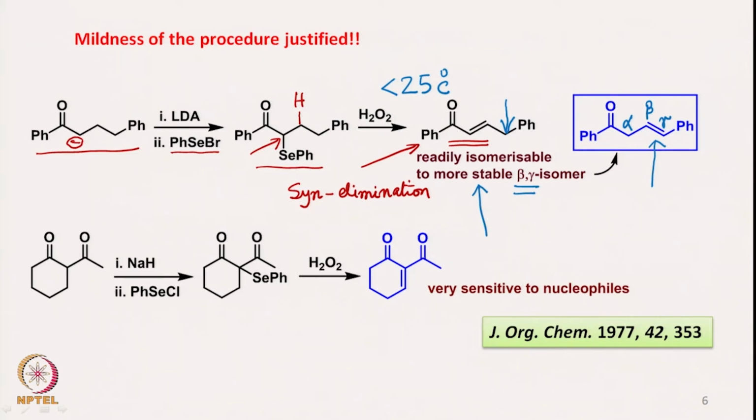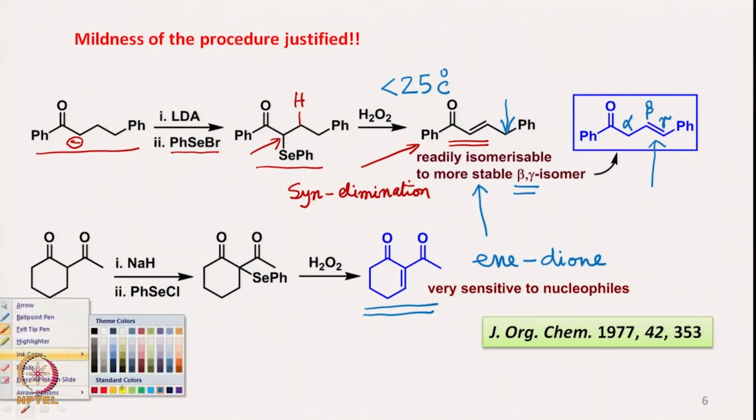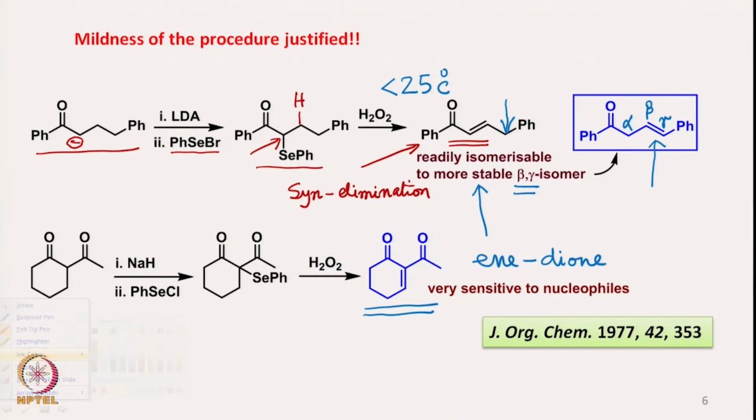Now, another substrate which is very interesting is this enedione. This is an enedione. As one can see easily, this can undergo very easy attack by a nucleophile onto this particular carbon atom, mainly because there are two electron withdrawing groups which are present and they are in conjugation with one double bond.